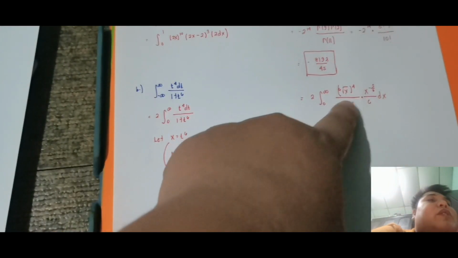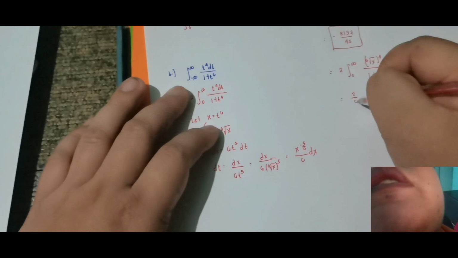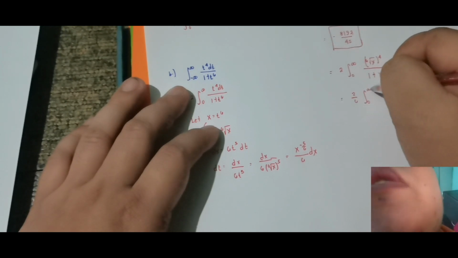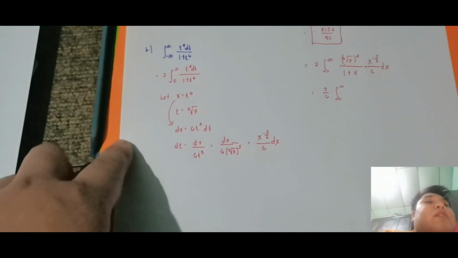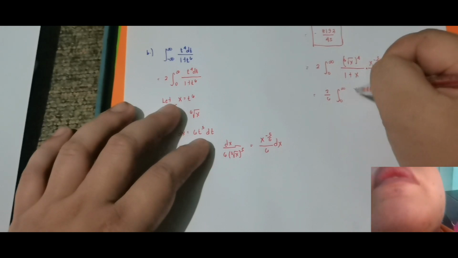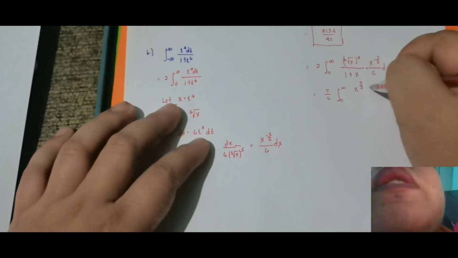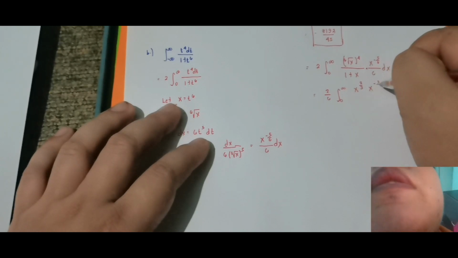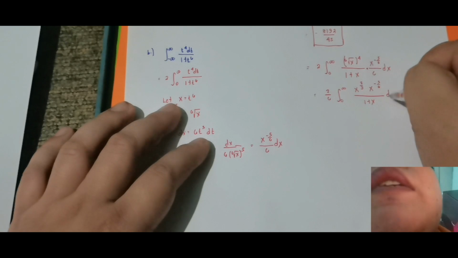Okay, so lalabas natin yung 1 over 6 na yan. So this is just 2 over 6 integral from 0 up to infinity of x raised to 4 over 6, or 2/3. So this is x raised to 2/3 tapos x raised to negative 5 over 6 all over 1 plus x dx.